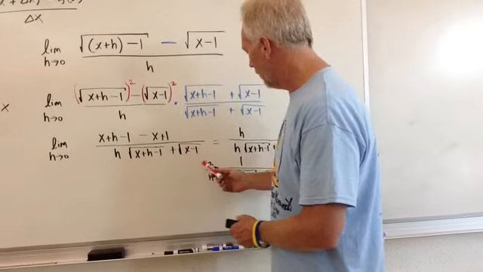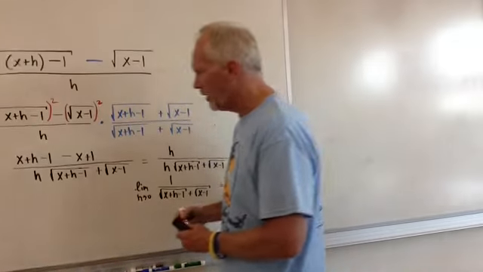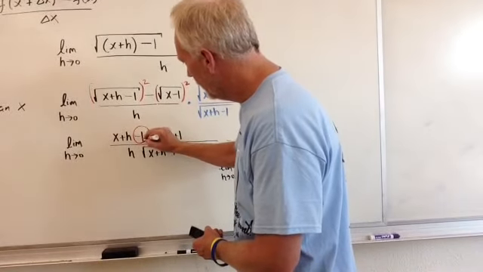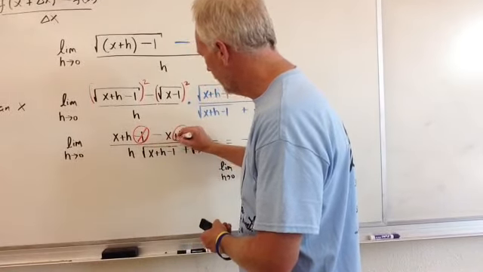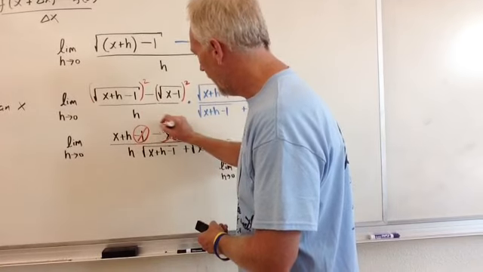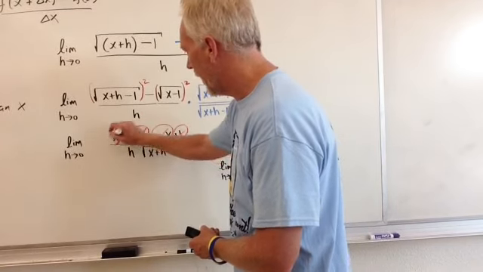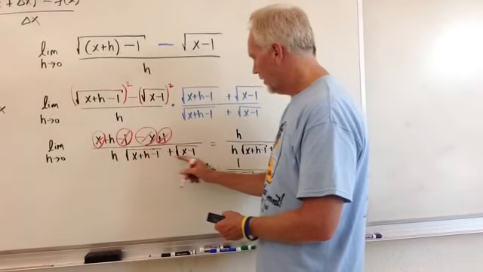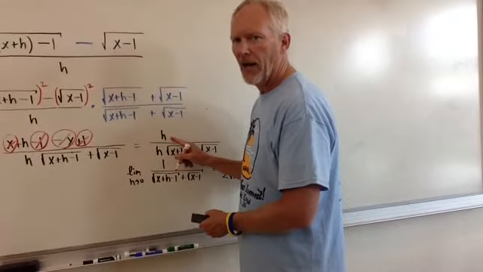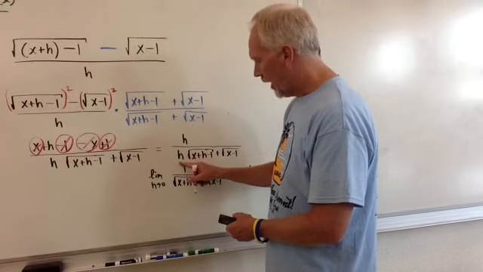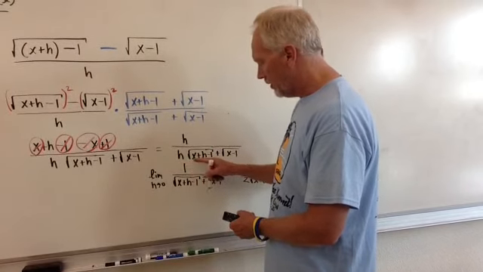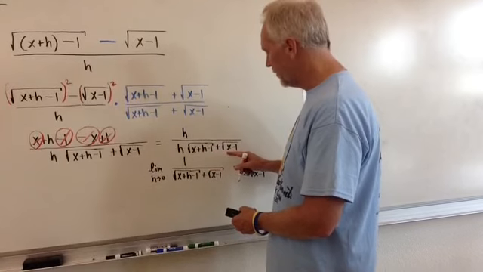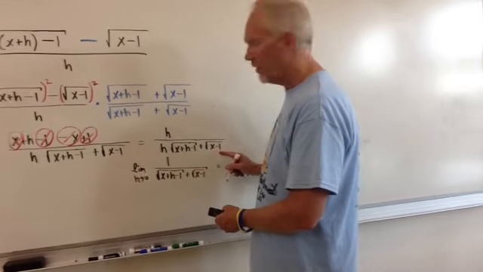All right, so what do we do then? We notice that this negative 1 here cancels with a positive 1, and this x cancels with that x, and so we are left with an h. So we come over here, and we get h over h times the square root of x plus h minus 1 plus the square root of x minus 1.